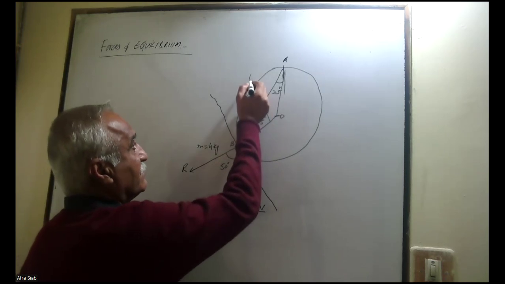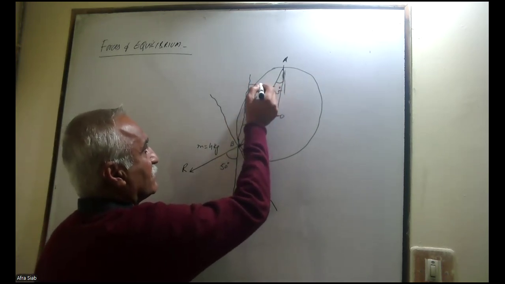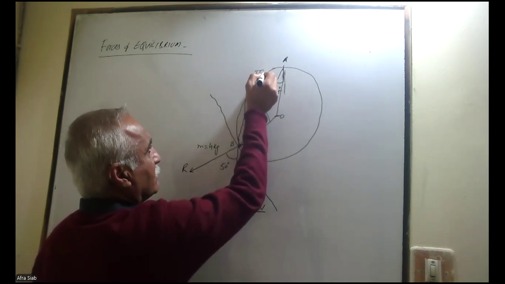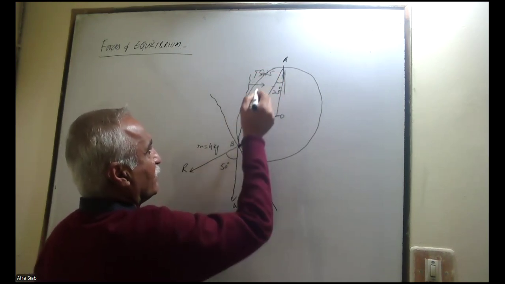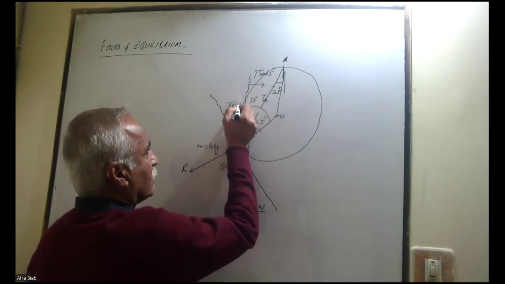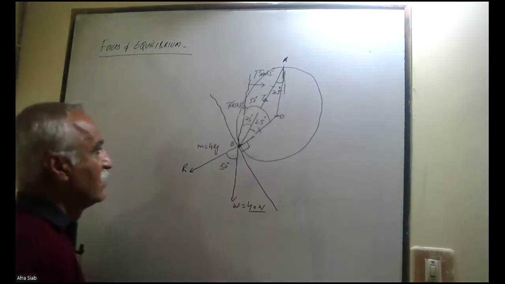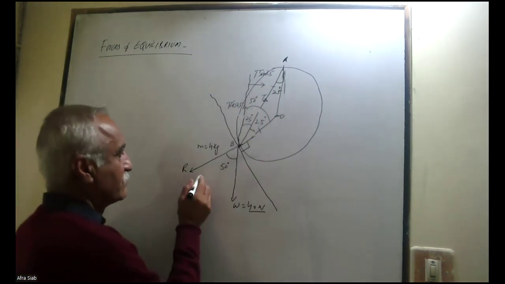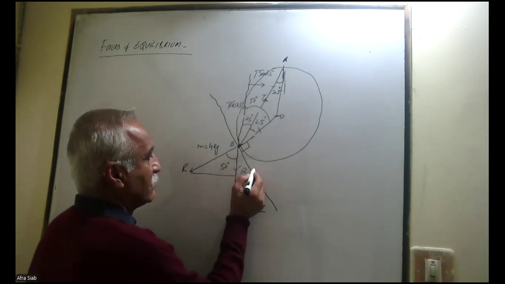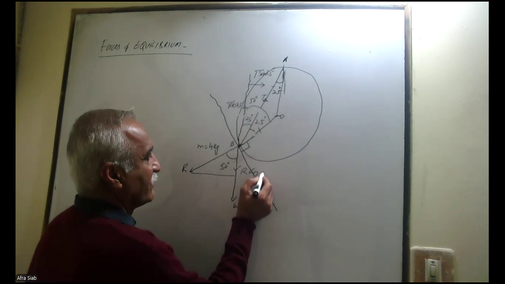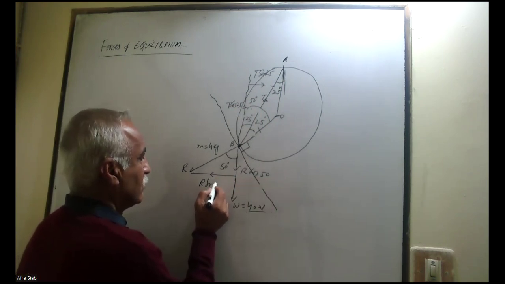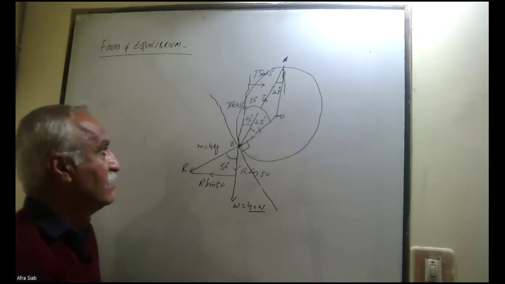Now we are going to find out the components. If this one is the tension T, then there are two components of this tension. One is T sine of 25, and this component will be T cos of 25. And if we resolve this R into components, this component would be R cos of 50, and this component would be R sine of 50.